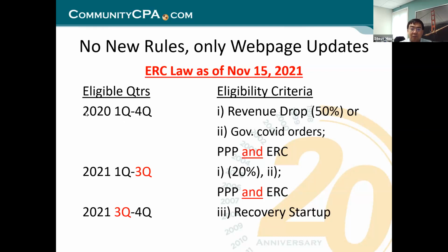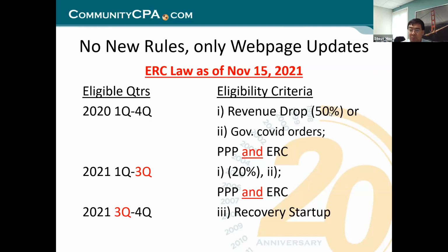Okay, and then let me just quickly summarize the final version of the laws. First of all, for 2020, there are 4 potentially eligible quarters, so you do have to check if you are eligible. There are 2 eligibility criteria for 2020. Either the quarterly revenue drop has to be greater than 50%. There are some details which I'll mention a little bit later on. You need at least 1 quarter to have a 50% drop, but if you have other quarters with less than 50%, potentially you may still be eligible.